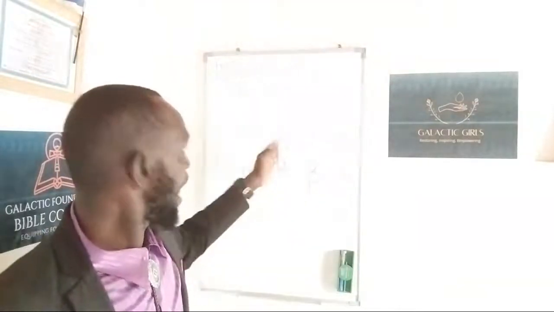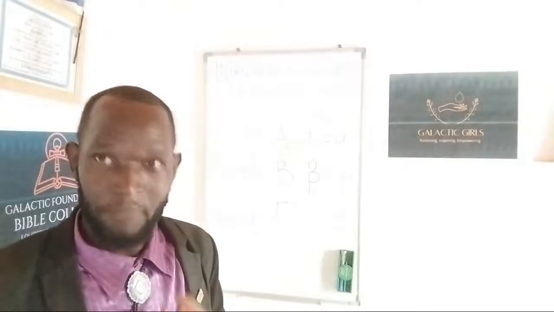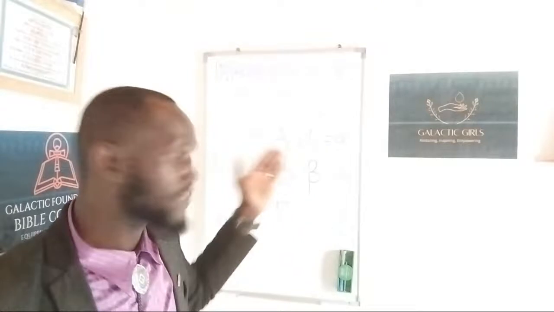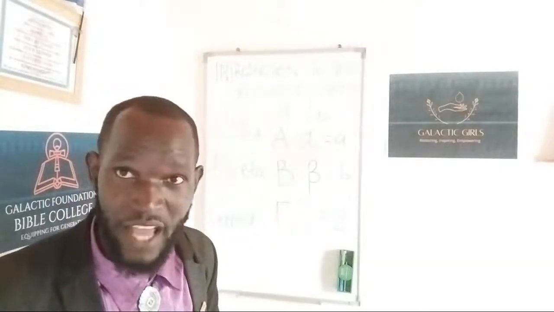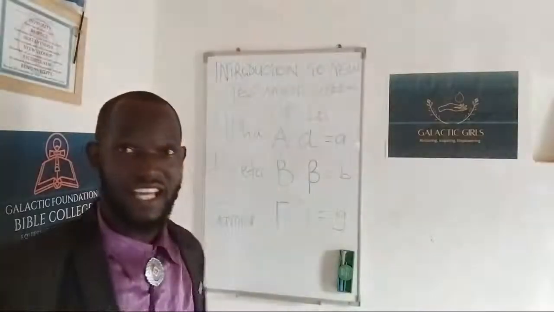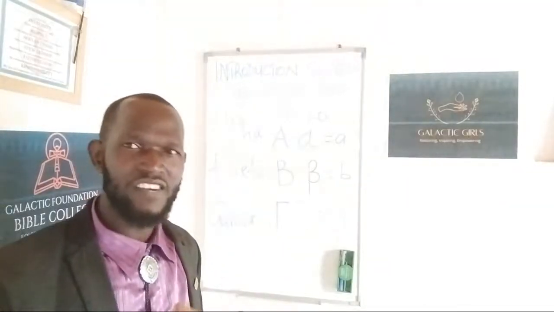So you notice that the uppercase is written just like the English uppercase or capital letter A, and the lowercase is very close to the English A. Beta is the same. The uppercase is just like the English uppercase B, and the lowercase is very similar.